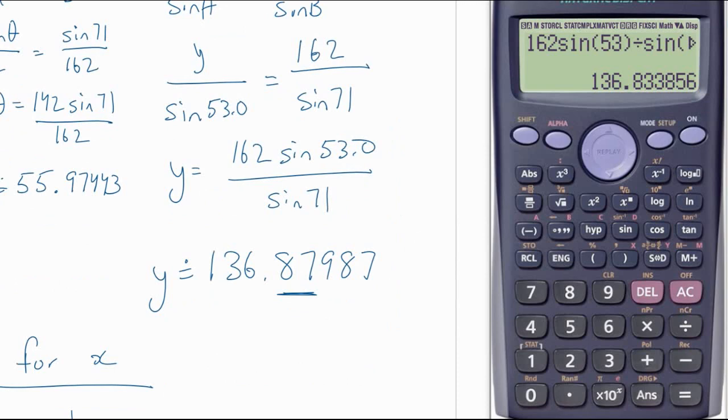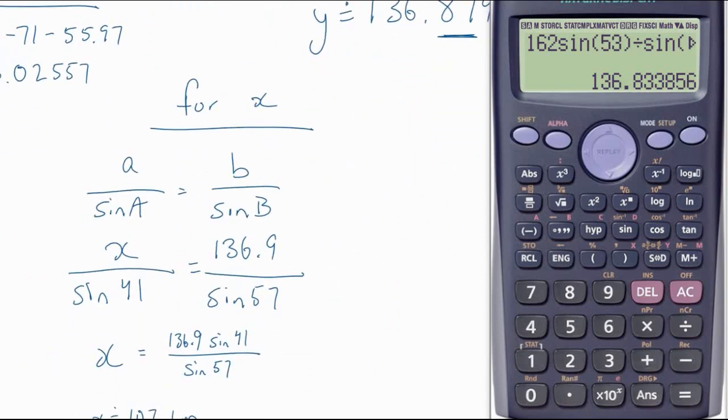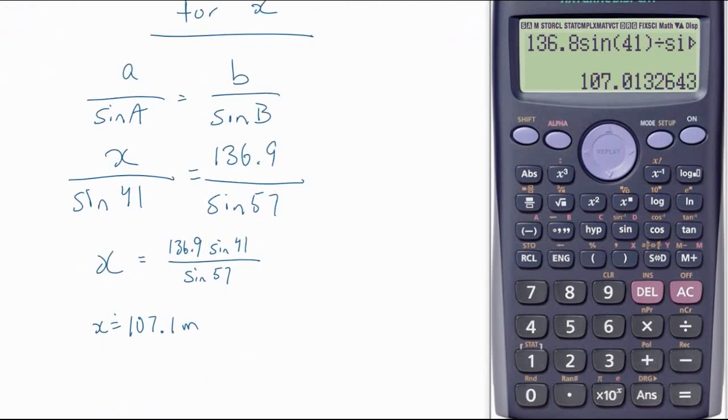So they're fairly far off. And now if I use 136.8 times sine of 41 divided by sine of 57, I don't get 107.1, I get 107.0. So I am off by a decimal place because I rounded way at the beginning.